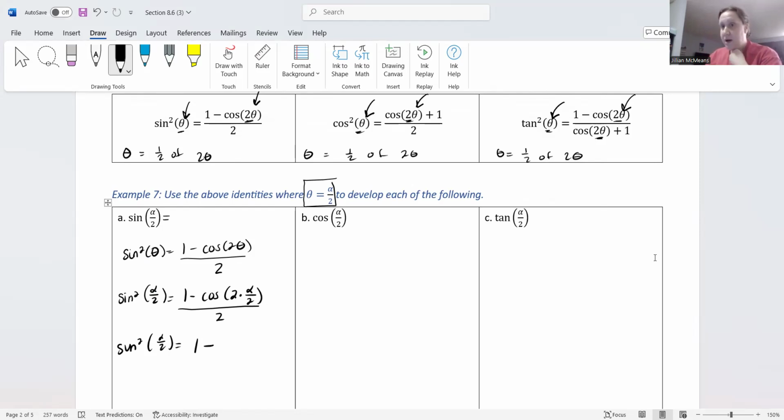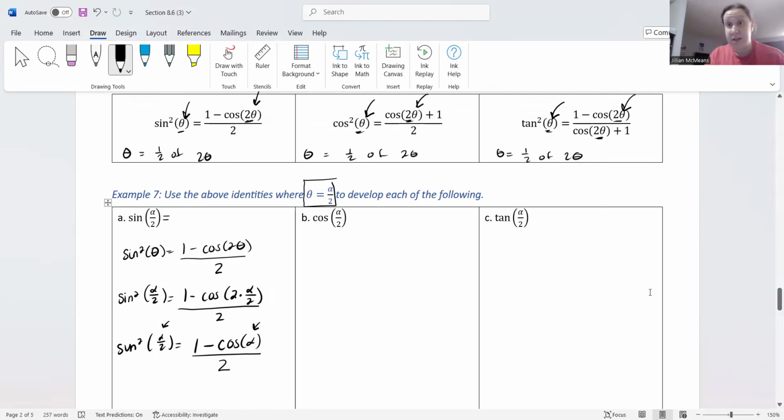Well, 2 times alpha over 2 is just alpha. So I get 1 minus cosine alpha all over 2. Now it's a little easier to see that half angle idea. Sine squared of alpha over 2, and then we have the full alpha right here.